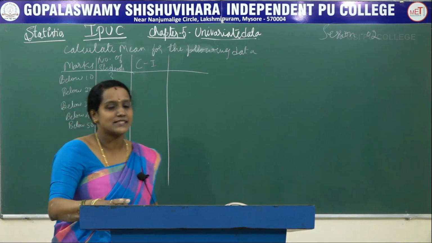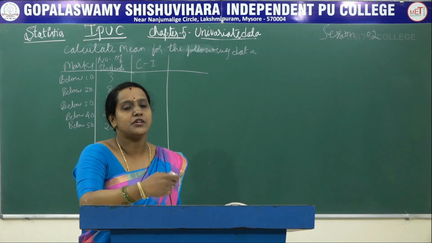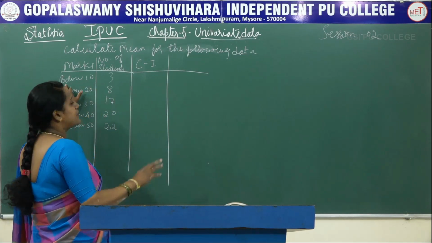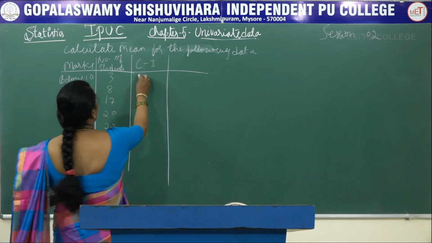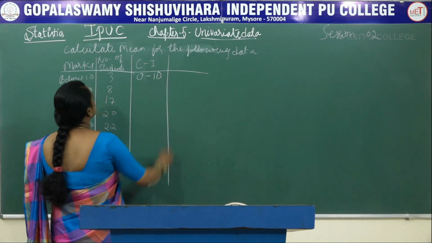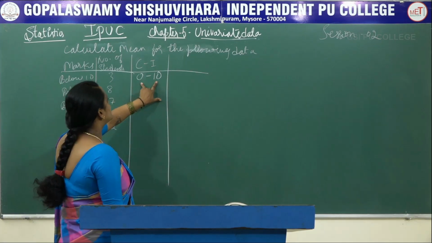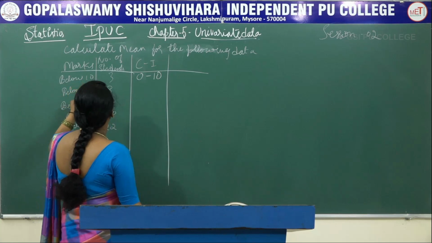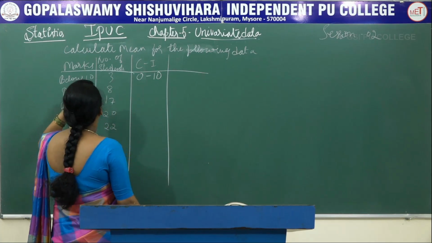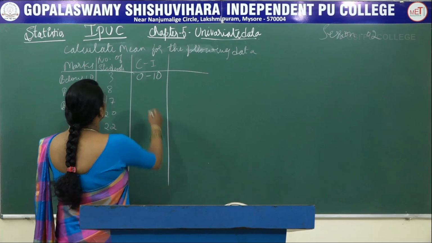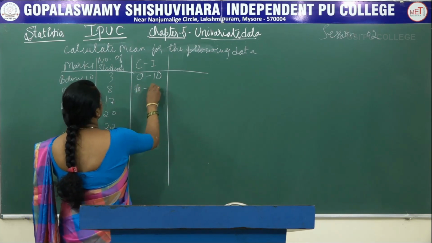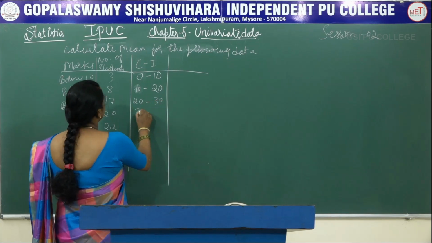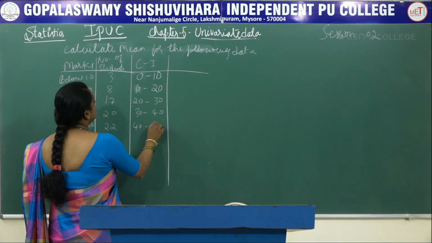Using this information, we are going to write the class interval, that is below 10, and the difference should be 10, so we will start from 0 to 10. Again it is below 20 and the difference of these two is again 10, so it is 10 to 20, and similarly 20 to 30, 30 to 40 and 40 to 50.